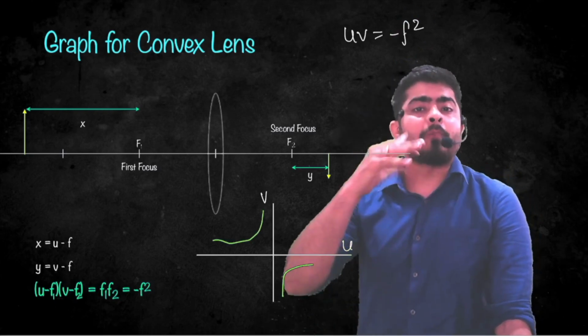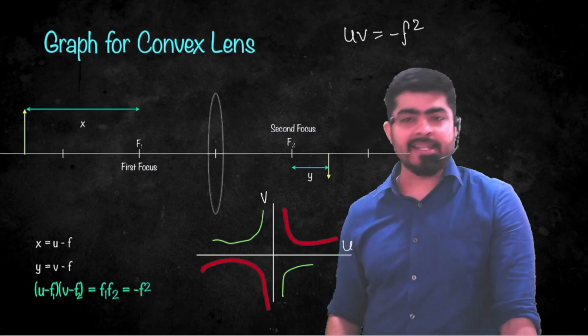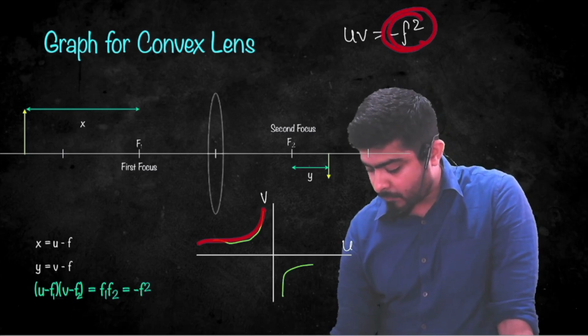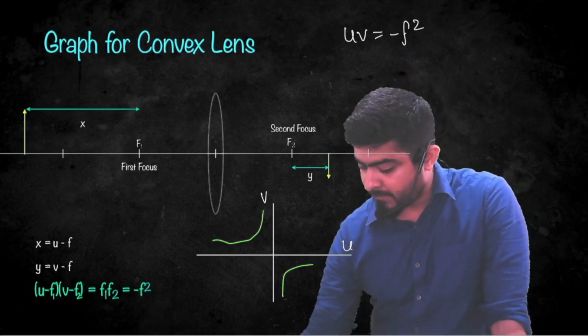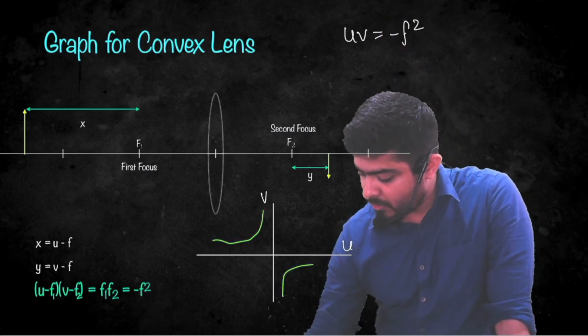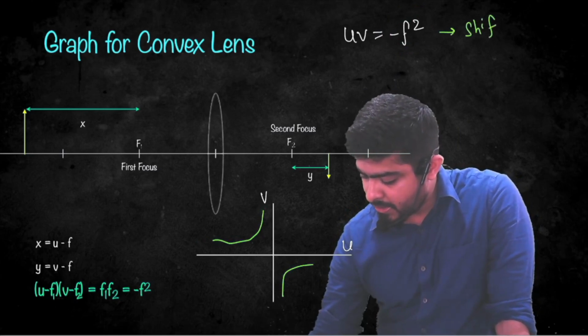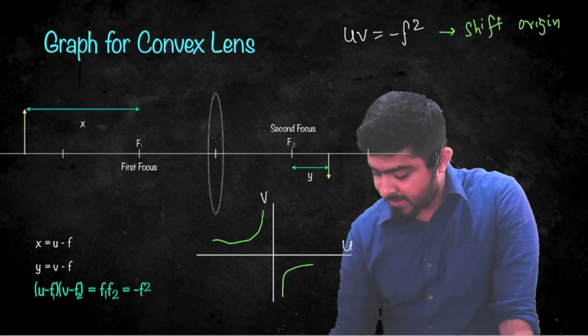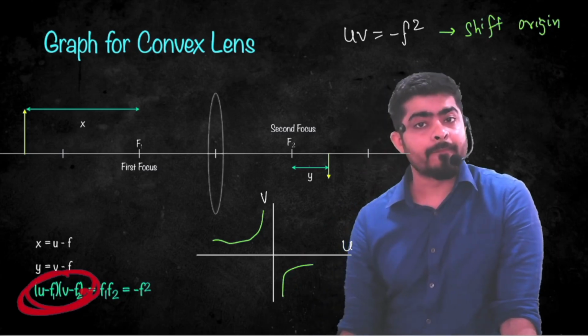Okay, for positive constant hyperbola is like this. Okay, but since we have got a negative constant over here, hyperbola will be like this. But again I need to shift the origin. Shift origin for convex lens according to this formula.